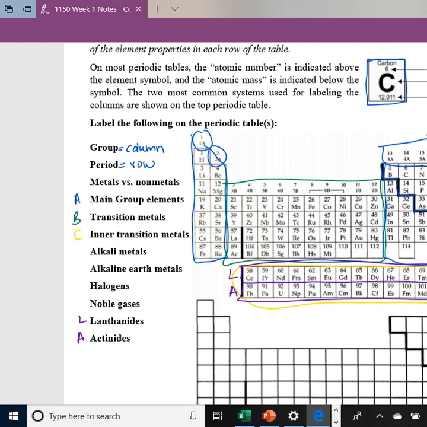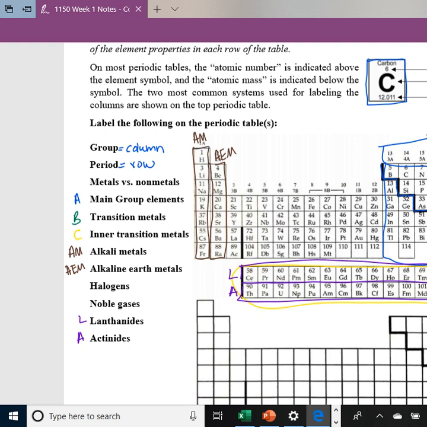Okay, so now we'll come back up and we'll finish brown. The alkali metals and alkaline earth metals, I'm going to have to erase some of these notes, refer to group 1A and 2A. If I call this one AM and this one AEM, this first column is AM and the second column is AEM. And it's referring to the whole group there in both cases.